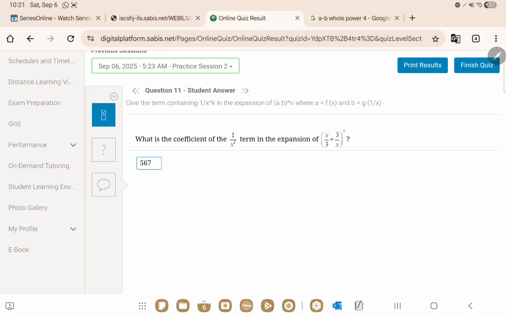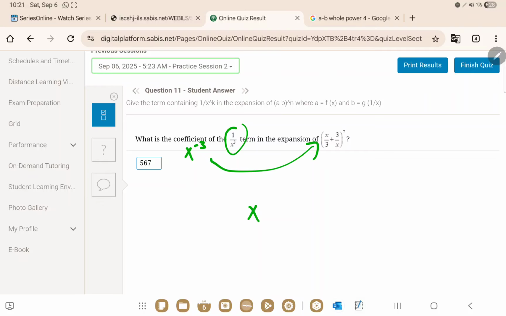Now, what's the coefficient in the 1 over x power 3 term in this expansion? Now, whenever we see a fraction with an x at the bottom, we could just bring the x up to make it x to the power of negative 3. They're the same. So again, here we have x both in a and b. So we need to equate. So we leave the entire equation and we look at x only.